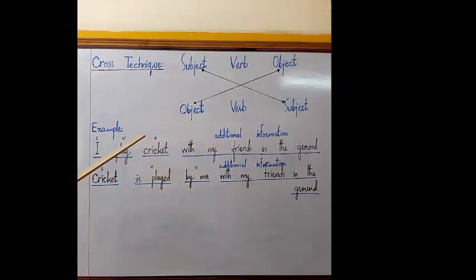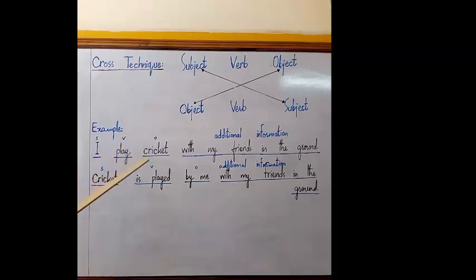All we have to do is to make changes in subject, verb and object. We bring cricket here at the subject position from the object position, and we bring I from subject position to object position. So that becomes cricket and by me.